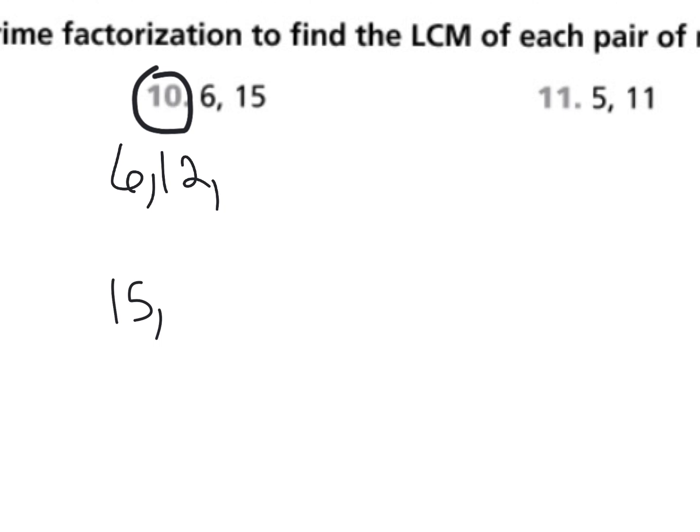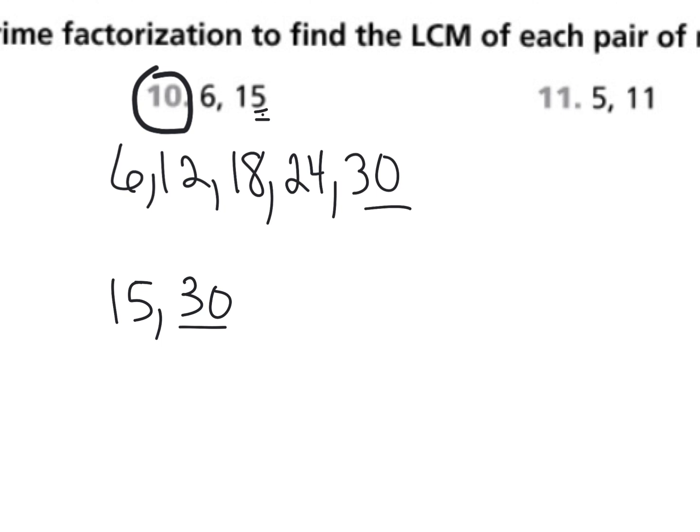So we've got 6, 12, 18, 24, 30. Multiples of 15, since 15 ends in a 5, all the multiples of 15 are going to end in either 0 or 5. So 30 was my first one that I came to that ended in a 0 or 5. I'm going to try multiples of 15 and see what happens here. Next multiple of 15 is 30. Oh, perfect. Okay, so least common multiple of those numbers is 30.